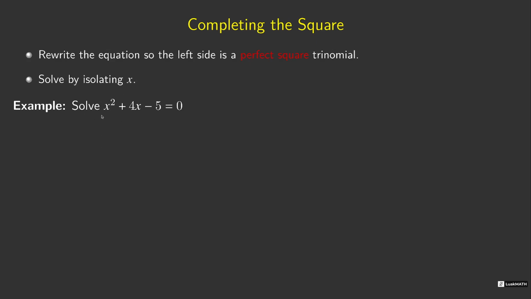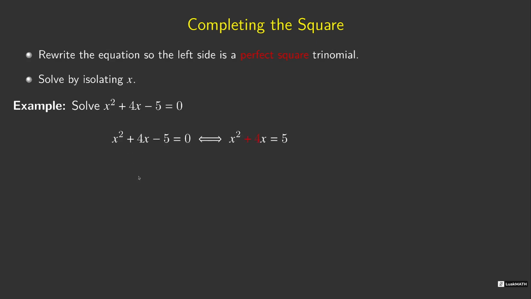Okay, so let's look at a specific example so that will make it clear. Now if we're trying to solve x squared plus 4x minus 5 equals 0, this is a quadratic equation again because the highest power is 2, and so yeah, we see there's a 1 times x squared plus 4 times x minus 5 equals 0.